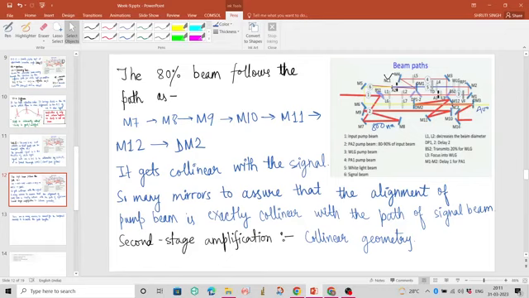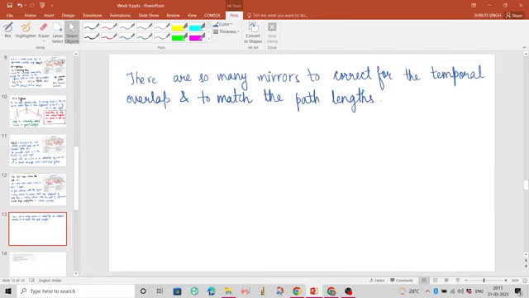DM3 is again a short pass filter which allows the signal to pass through but blocks the pump. The pump is reflected and hits the M13 mirror, then M14, and then we can take out the pump also.